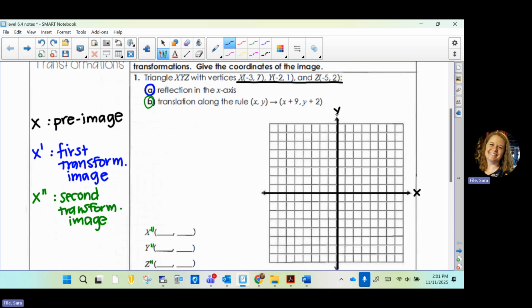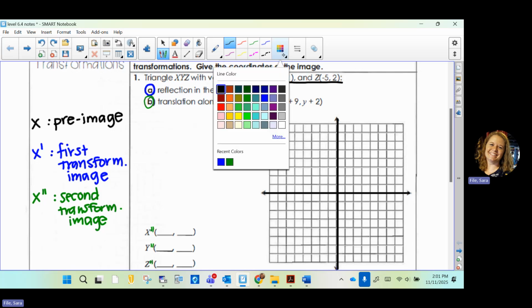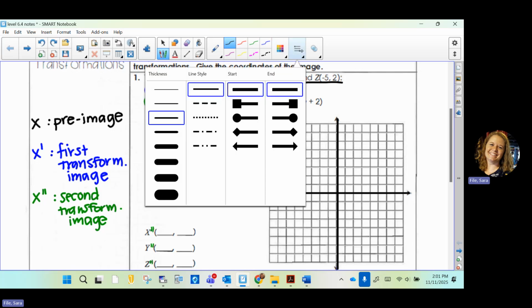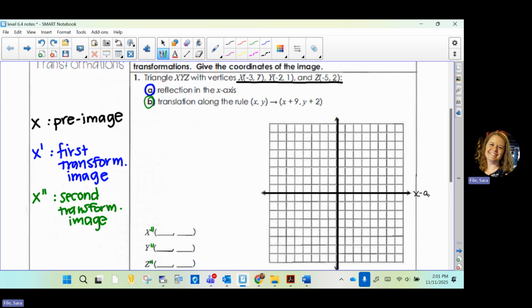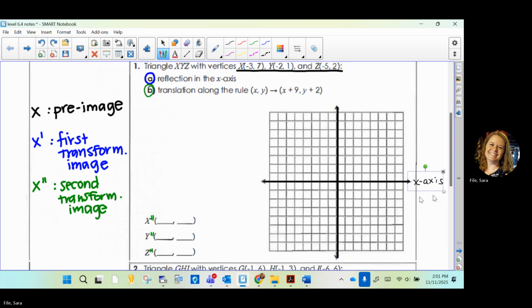When we go to plot our points, you need to know how to plot your points. Some of the questions you may have seen on the quiz and that you're going to see on the review are asking you to plot points. You have to be able to do that. I'm going to label this as the y-axis down here.